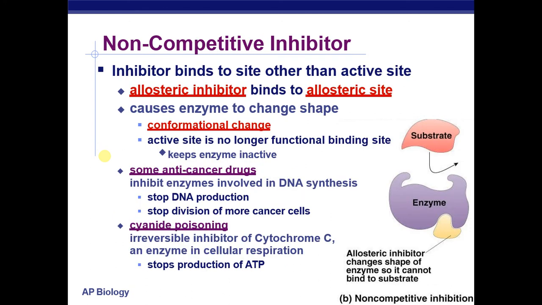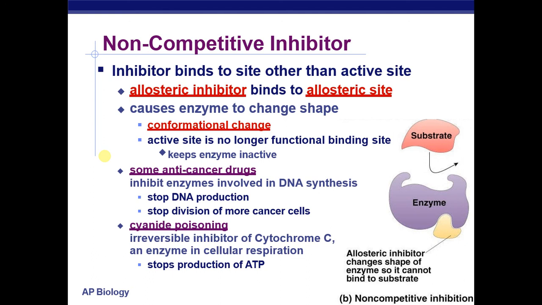Non-competitive inhibitors inhibit enzymes, but they bind to a site other than the active site. It's called the allosteric site. And binding to that site changes the shape of the active site. There's a conformational change so that the enzyme can no longer bind with the substrate, right? So some anti-cancer drugs inhibit enzymes that are involved in DNA synthesis by being non-competitive inhibitors.